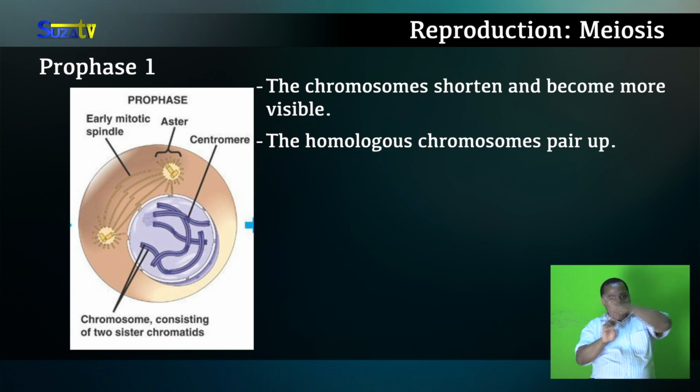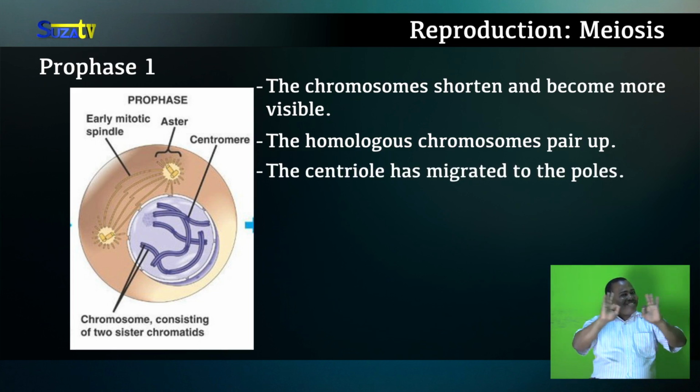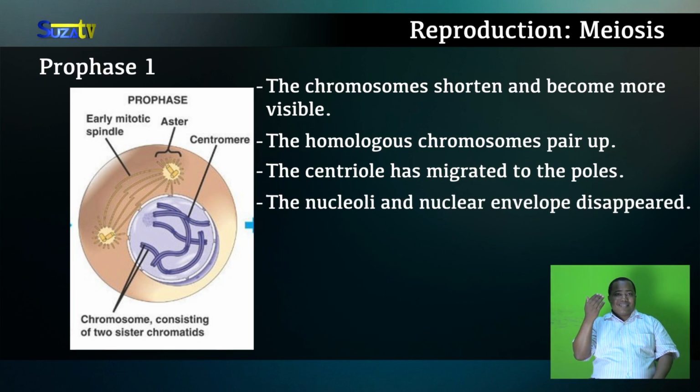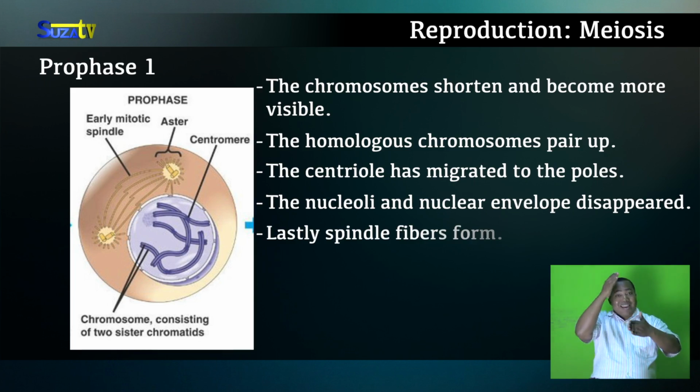Wow, nice one. It is followed by the centrioles migrating to the poles. Excellent, my dears. Another one, the nucleolus and nuclear envelope disappear. And lastly, spindle fibers form.